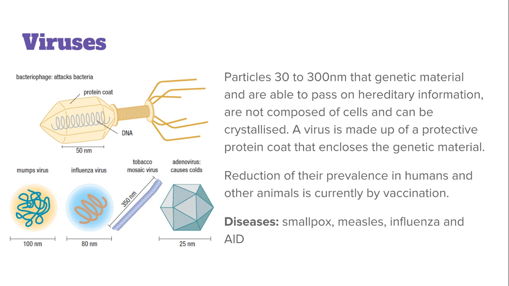We can reduce the prevalence of viruses with vaccinations, and that's our current method of reducing the incidence of these. And we have some diseases such as smallpox, measles, influenza, and AIDS, which can be caused by viruses.